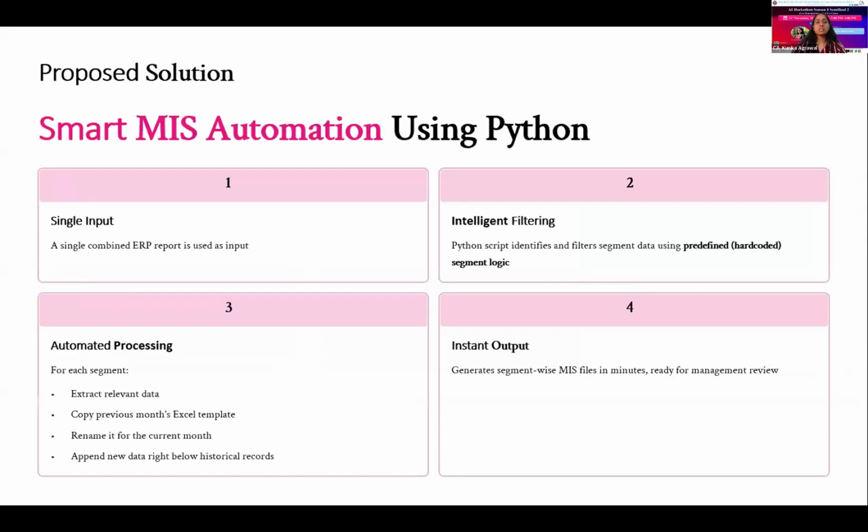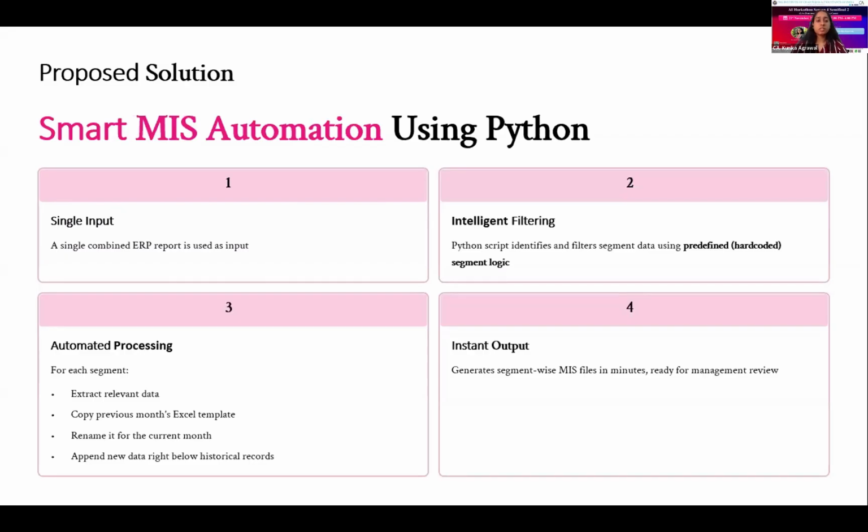Now, identifying this as a problem statement, I have come up with a solution of a Python script, which uses a single consolidated input. It filters the data for every segment and then creates a new version of Excel.